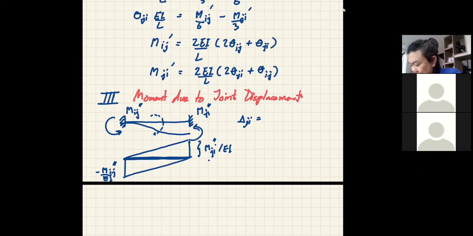And the moment is simply equal to a half of Mji double prime over EI multiplied by L, because we take the moment, so the moment arm is L over 3 for this one, right?